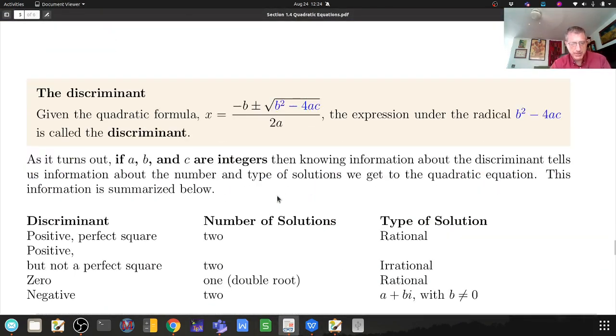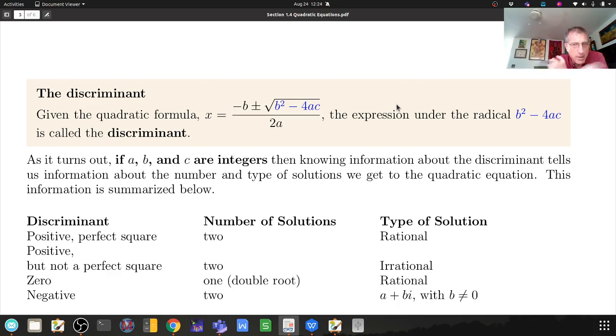So the discriminant, here we have the quadratic equation. And in blue, I have written the discriminant. And as you know, if b squared minus 4ac is less than 0, the answer is going to be a complex number.